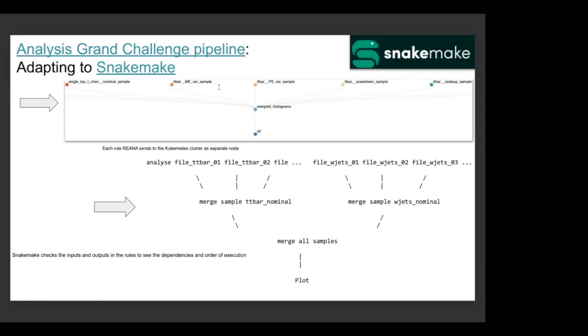This technique is called a multi-cascading approach. Initially we had the 700 files, each taken as a rule, as a job, processed in parallel. After everything is processed, we merge it firstly per sample and then everything together, and get the final statistics.